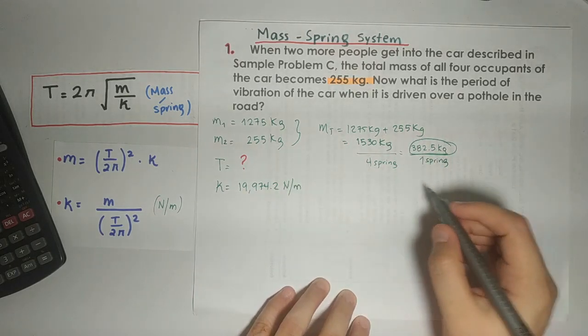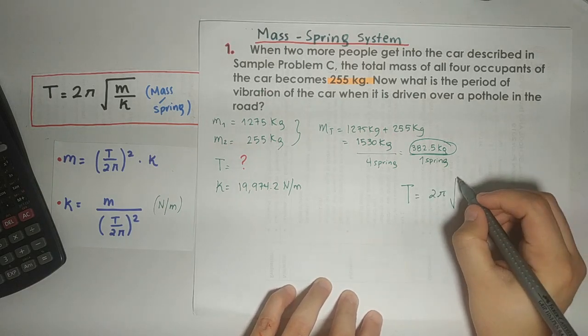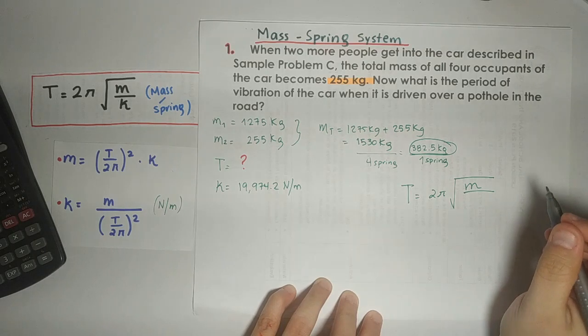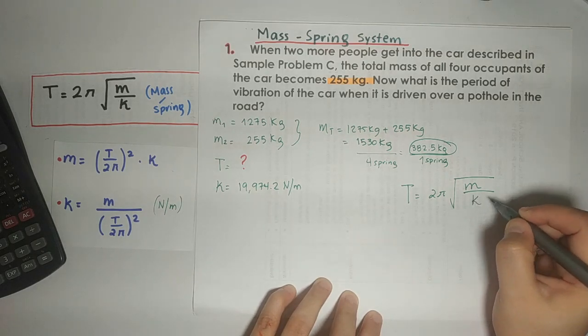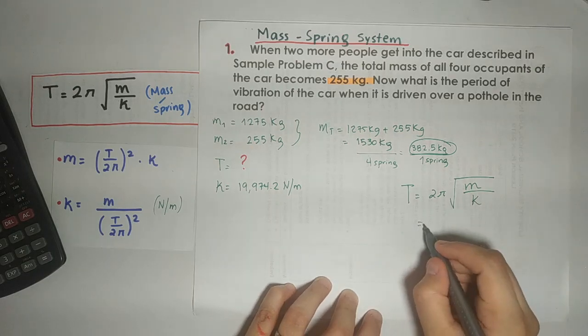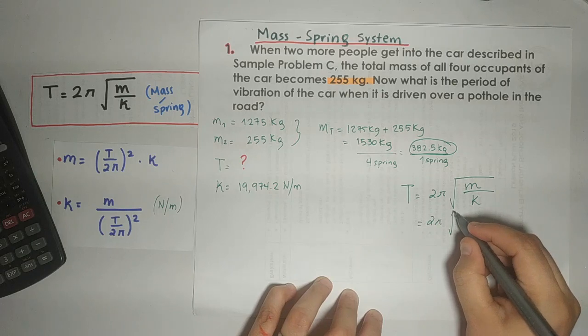Now the equation to find period is 2 pi square root of mass over the spring constant. Now let's just plug in the givens because we have everything we need.